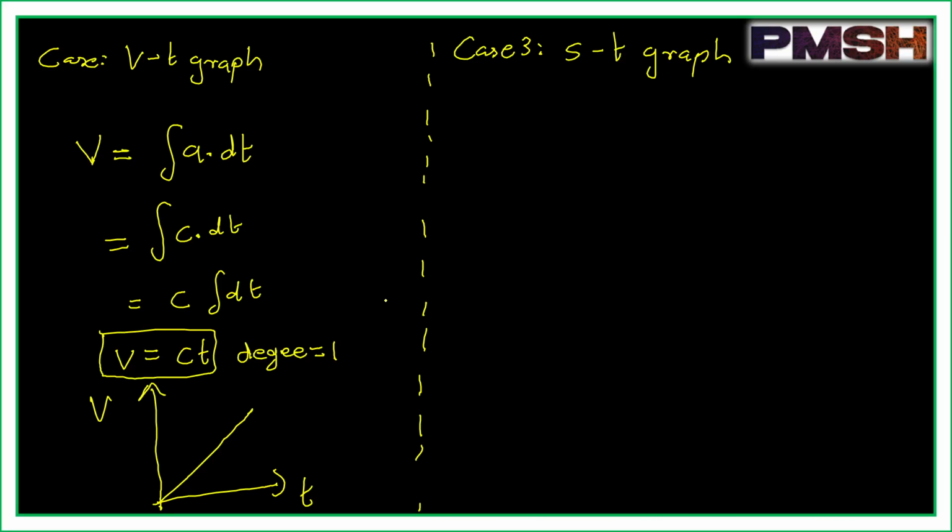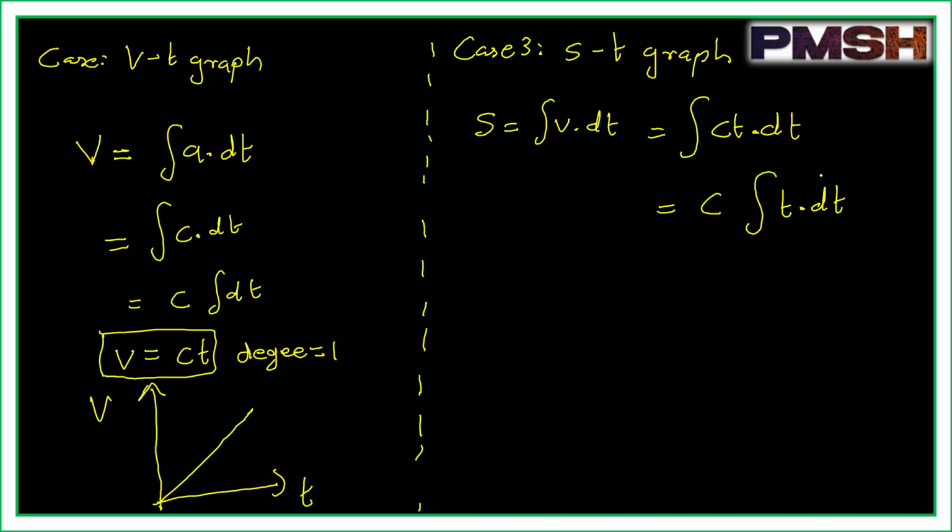We know the equation for finding displacement is integral of v dt. The velocity equation we have already found: velocity is ct. So let's put it here: integral ct dt. C will be taken outside, so it is integral t dt.